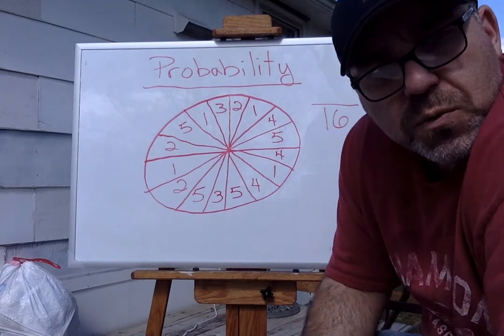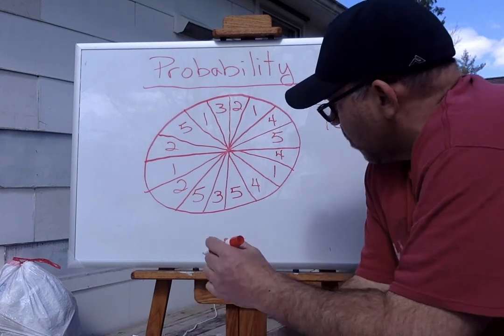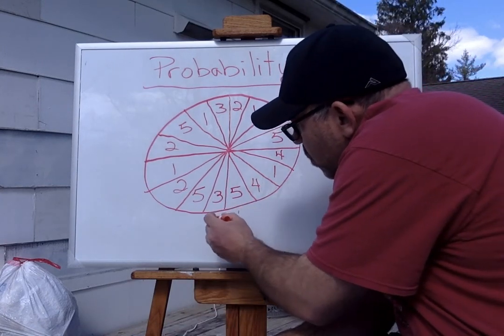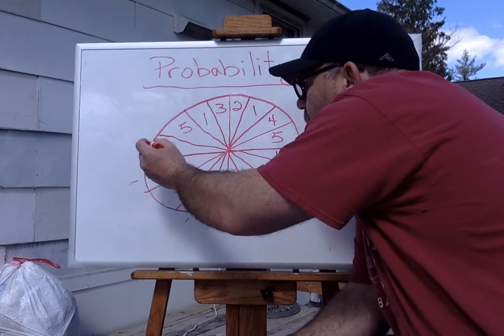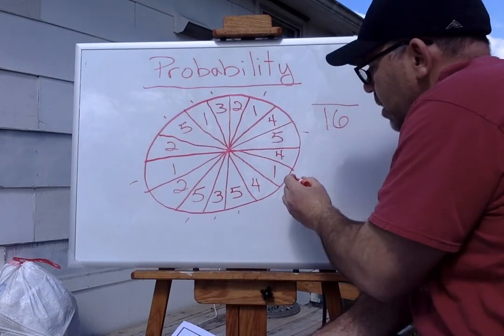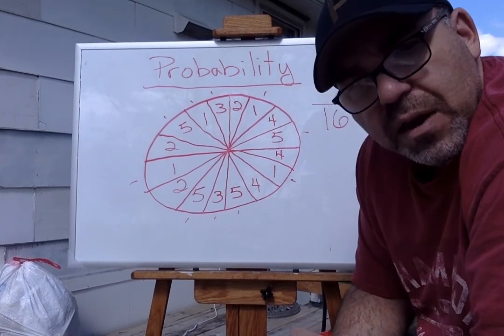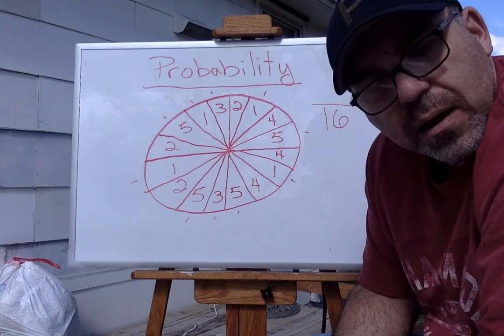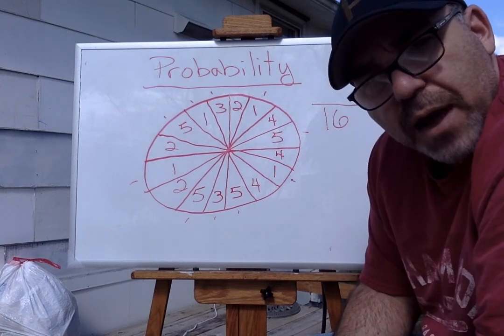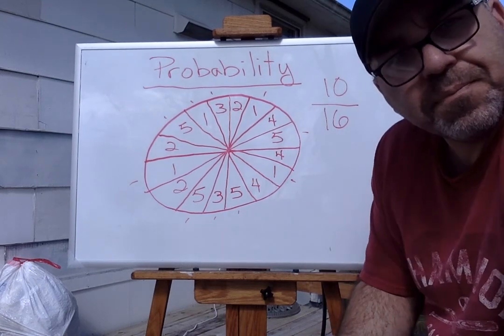So what we have to do is we just need to count up how many odd numbers there are. So if we count the number of odd numbers, we have 1, 2, 3, 4, 5, 6, 7, 8, 9, 10. So the probability of choosing an odd number, or spinning the spinner and it landing on an odd number, is 10 out of 16.